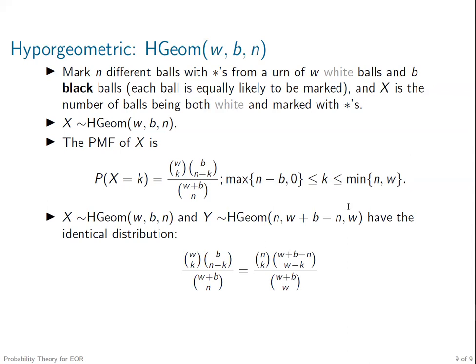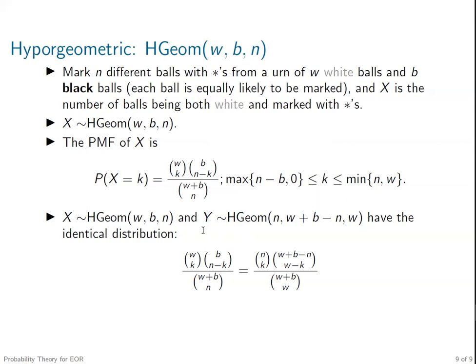This hypergeometric random variable has a very special property. If X follows the hypergeometric distribution with W, B, N as parameters, and Y follows this distribution with N, W plus B minus N, and W as its parameters, those two random variables have identical distribution.